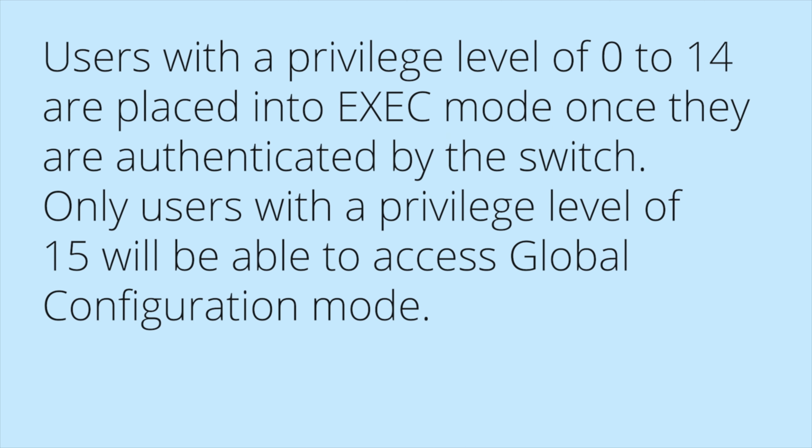Users with a privilege level of 0 to 14 are placed into exec mode once they are authenticated by the switch. Only users with a privilege level of 15 will be able to access global configuration mode.